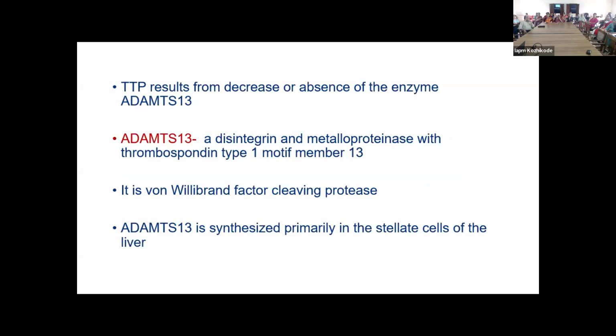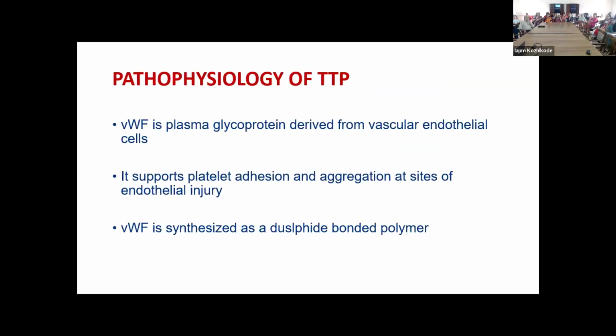TTP results from decrease or absence of the enzyme ADAMTS13. It's a disintegrin and metalloproteinase with thrombospondin type 1 motif member 13. It's a von Willebrand factor cleaving protease and is synthesized primarily in the stellate cells of the liver. Coming to the pathophysiology of TTP, von Willebrand factor is a plasma glycoprotein derived from vascular endothelial cells.